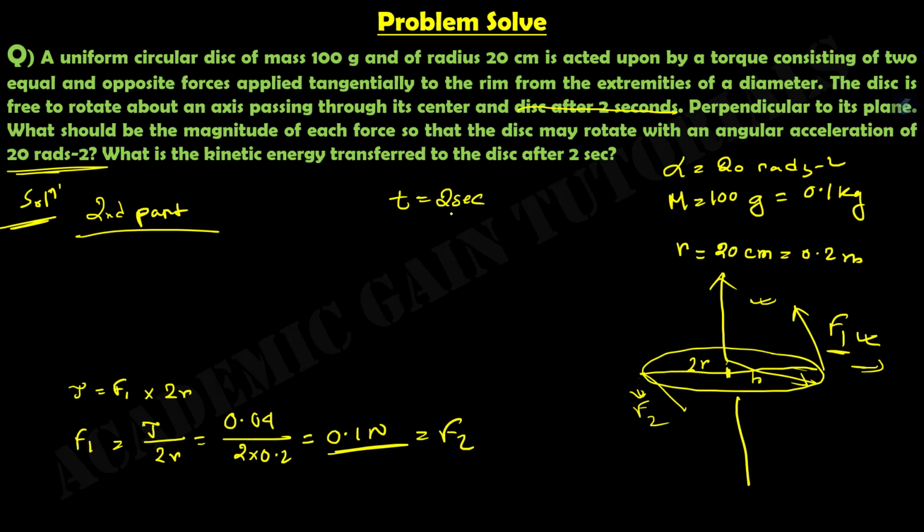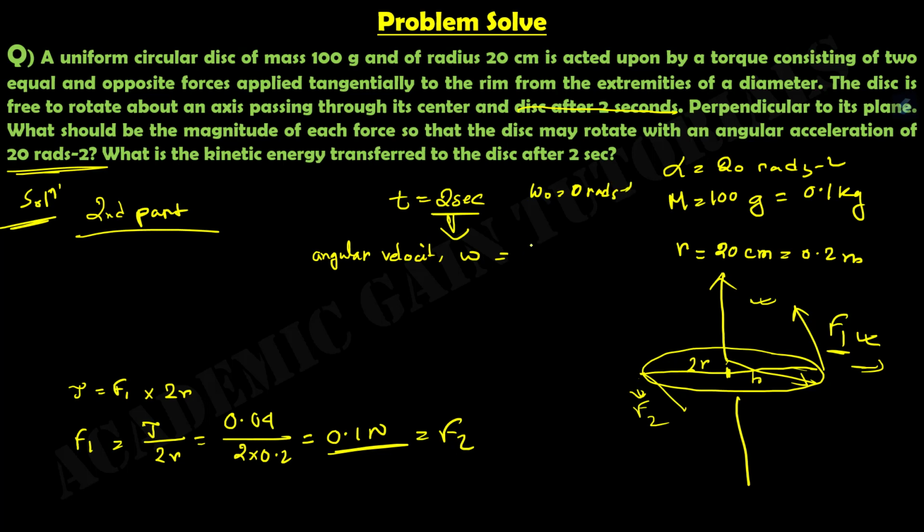So first of all, we have to find the value of angular velocity omega after 2 seconds. As there is no mention of initial angular velocity, we take initial angular velocity omega naught equals 0 radian per second.